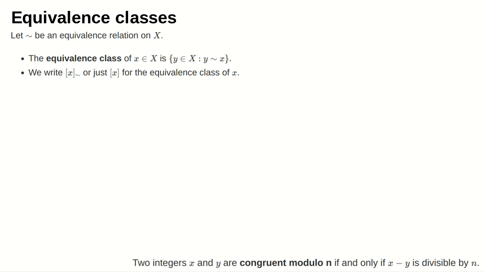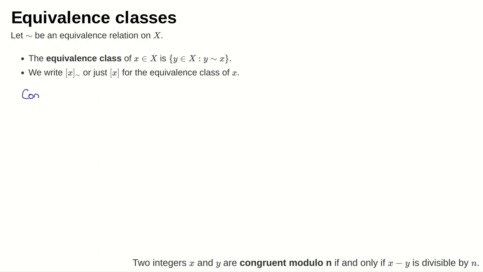The only equivalence relation we've seen an example of so far is the equivalence relation of congruence modulo n. So let's look first of all at the equivalence classes under congruence modulo 2.